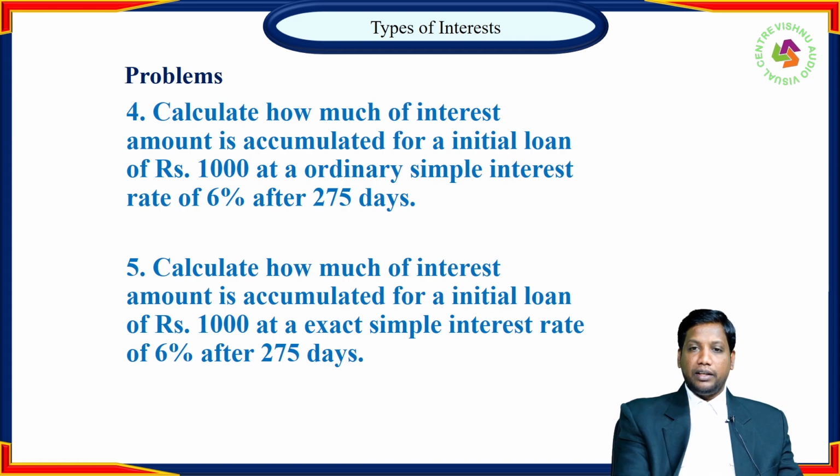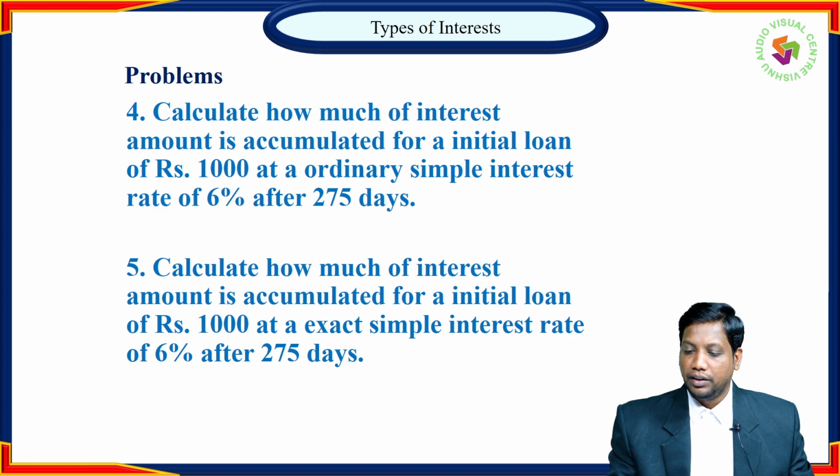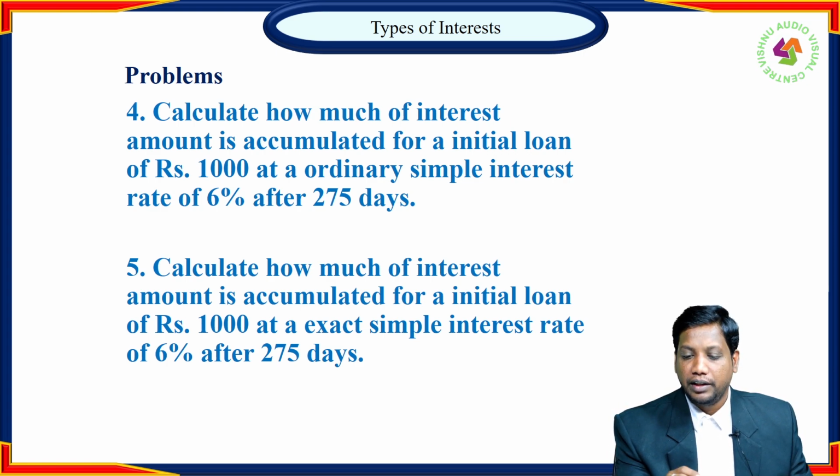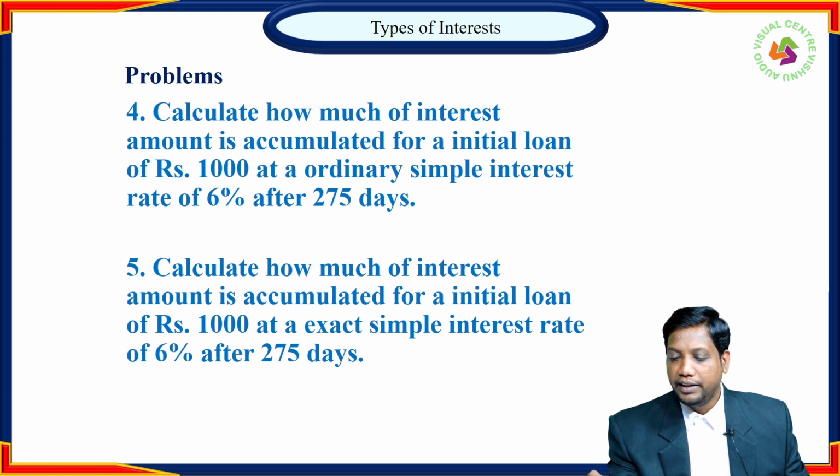And in addition to the exact simple interest, we can calculate for how many days how much interest amount is accumulated for an initial loan of rupees 1000 at an ordinary simple interest rate.